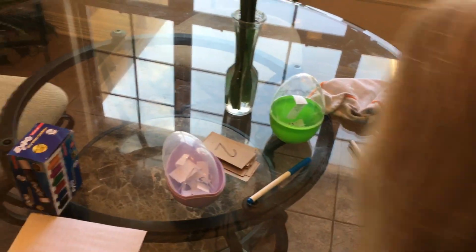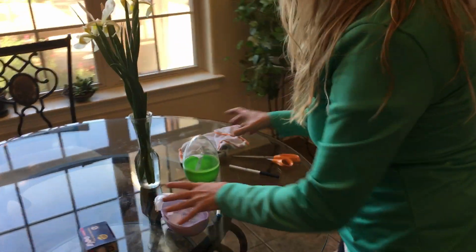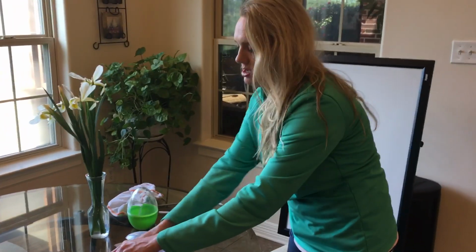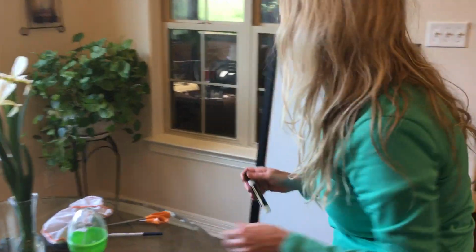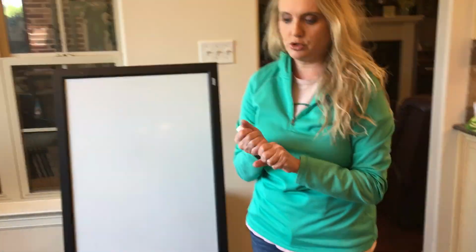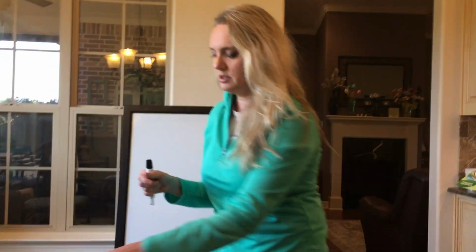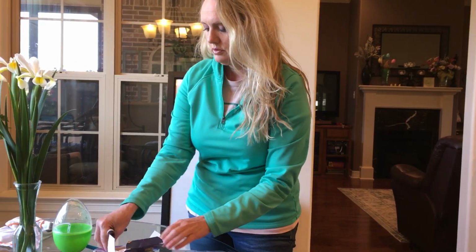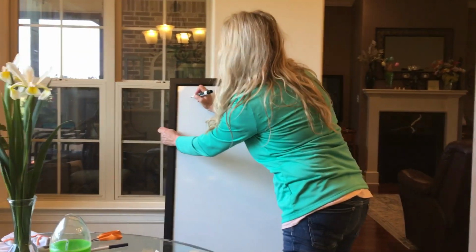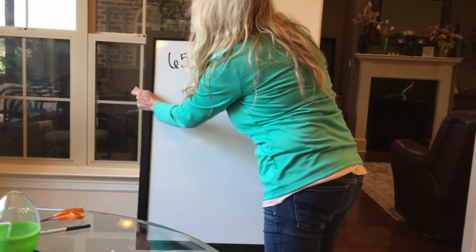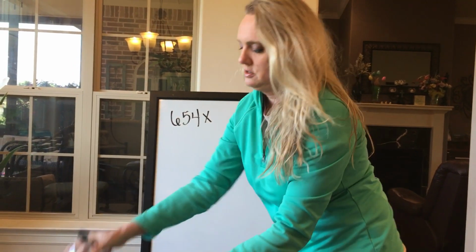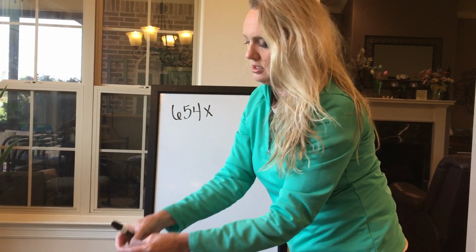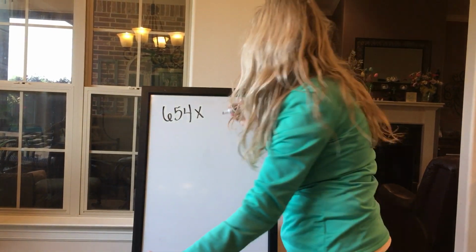And then what I want you to do today is practice with the eggs or jar or whatever that you created, pulling out the numbers. So I might pull out 654 times, let's see, times 10.